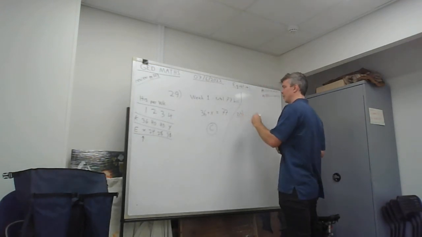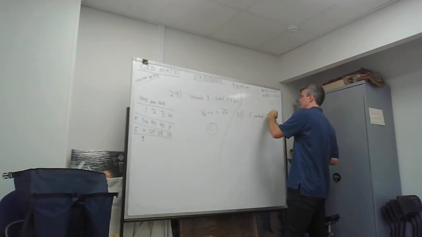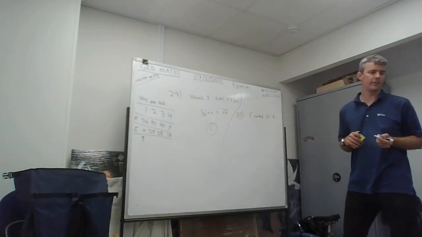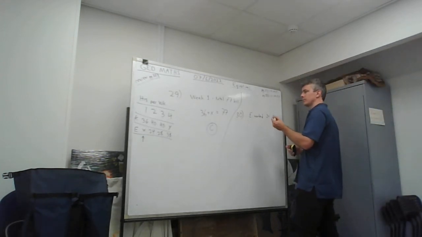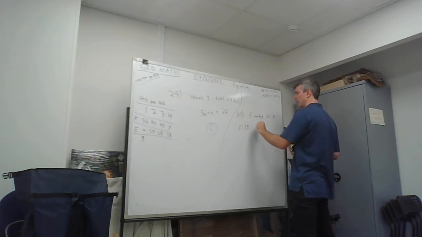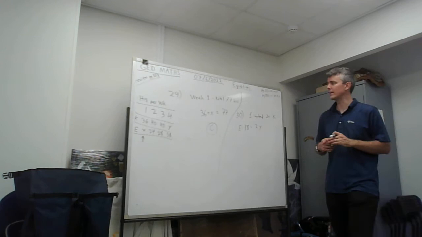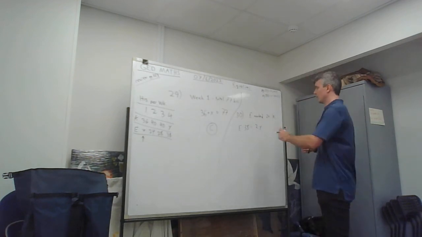Aaron worked 2 times what Kyla did. So Aaron, which is 38, equals 2 times whatever Y is. Y is the unknown, and 2 times this is this one.